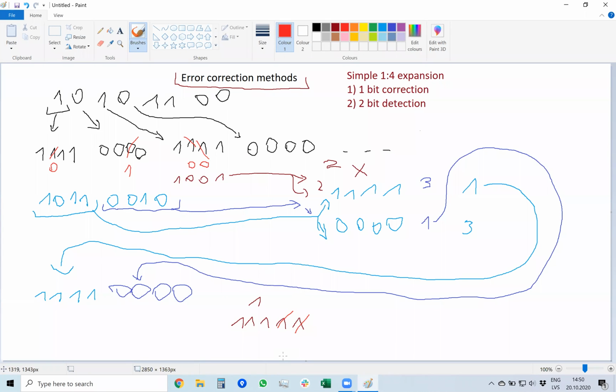If we swap 2 bits, we can correct it. But if we swap 3 bits, unfortunately, it will think that it's more similar to zeros than to ones, and it will correct it to the opposite bit, so it will make a mistake.